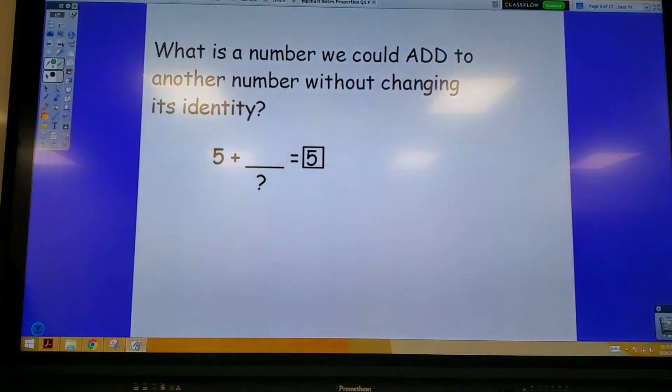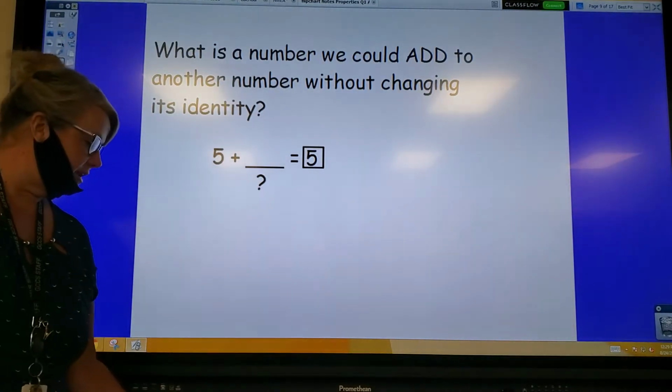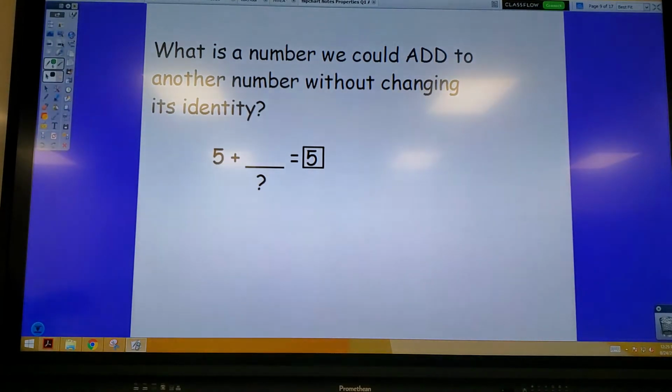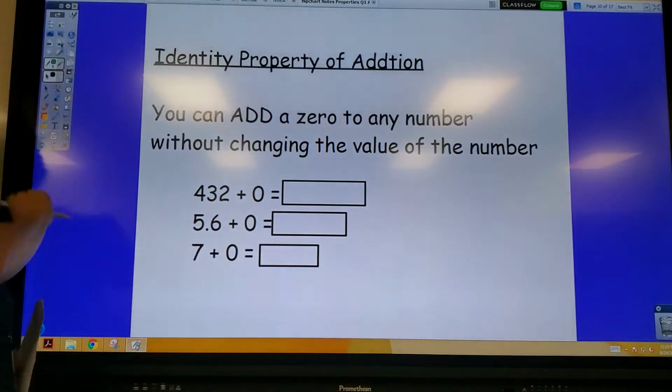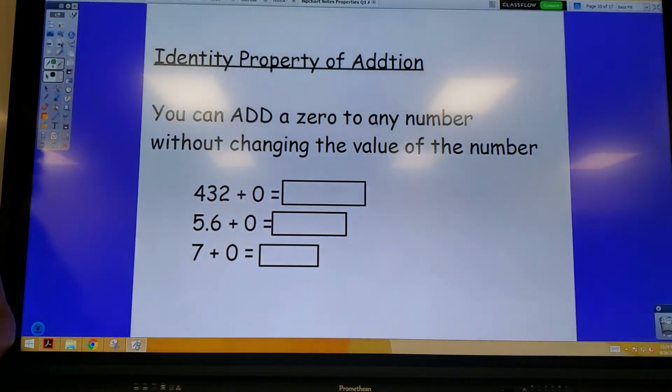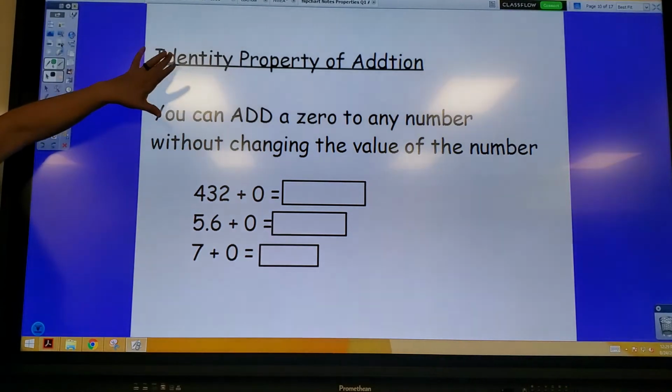So let's first think of if we were going to add a number to 5, what could we add to 5 without changing the identity? A 0. And that is the rule for the identity property of addition. So you might want to write this part down.